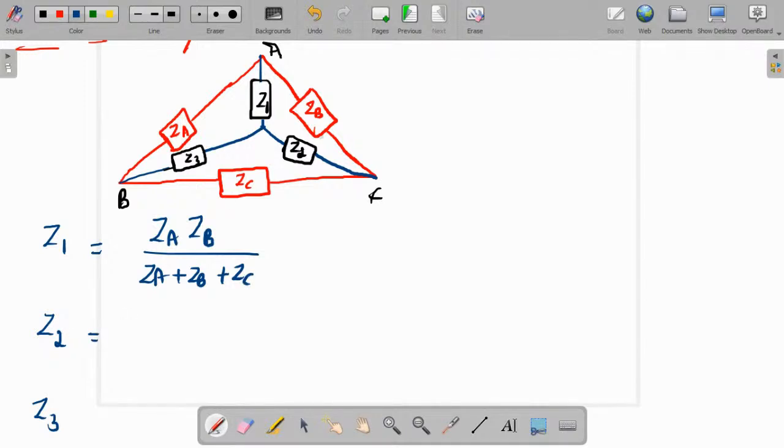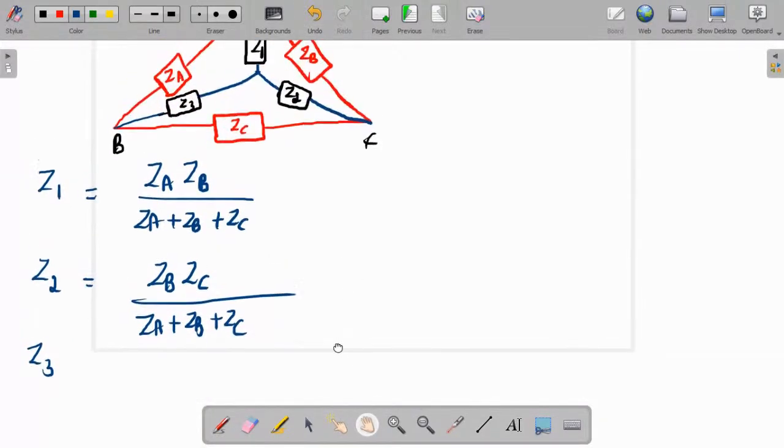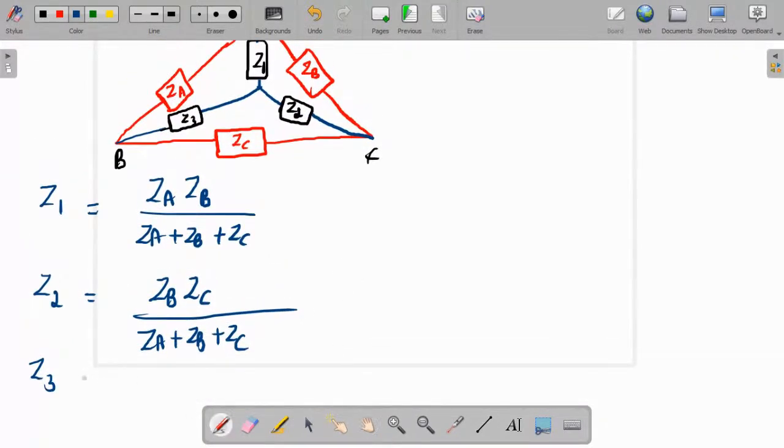If you want Z2, the associated branches have impedances ZB and ZC. So just multiply them. ZB into ZC divided by ZA plus ZB plus ZC. Next, what about Z3?